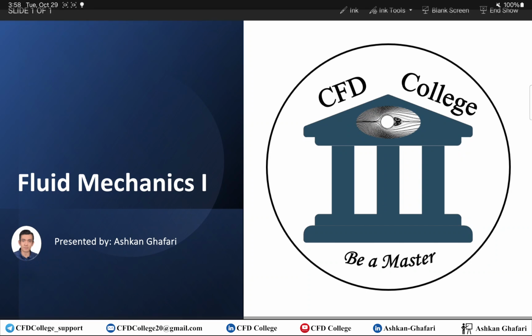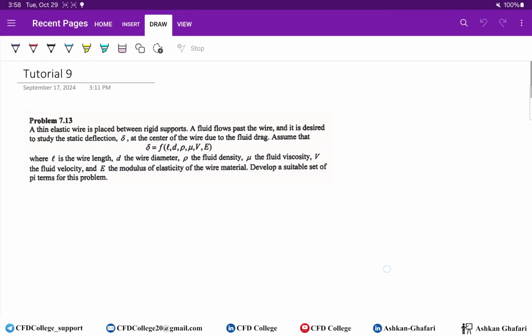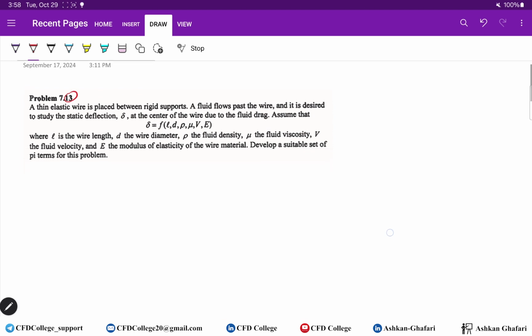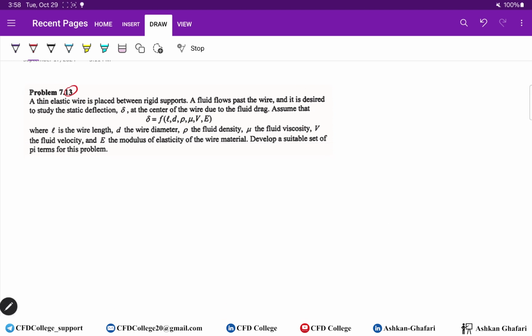Okay, let's jump to the first one. Tutorial 9. First problem, number 13 of chapter 7. A thin elastic wire is placed between rigid supports.